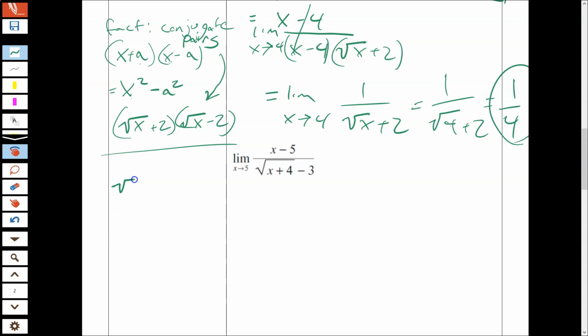So square root of x plus 4 minus 3 times square root of x plus 4 plus 3. Well, that's going to give me x plus 4 minus 9. So I'm following the same pattern: I drop my square root, and then I multiply negative 3 times 3 to get that. So that's the fact that I'm going to use to tackle this one.